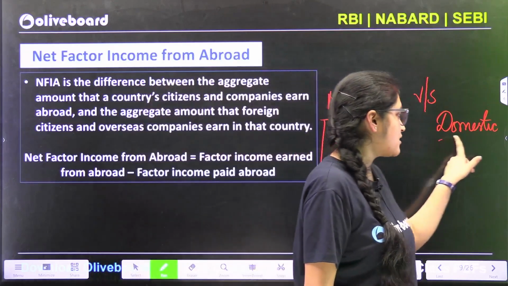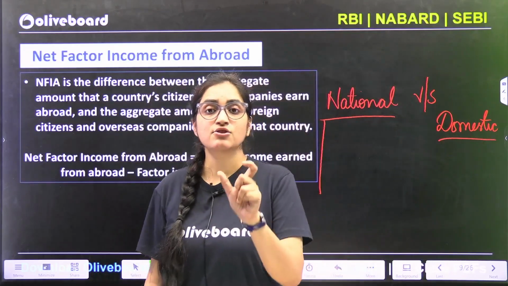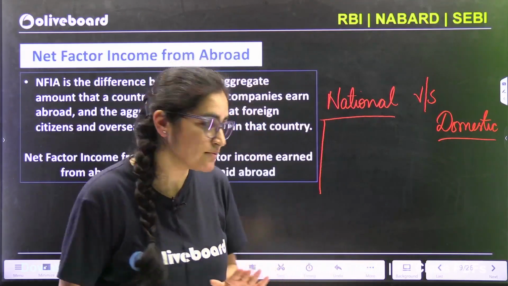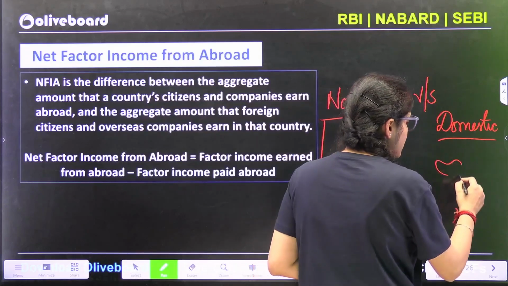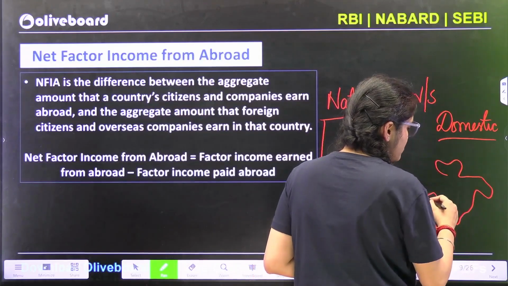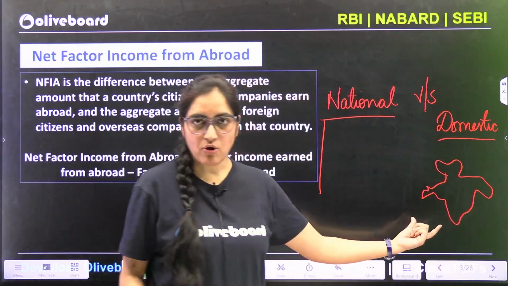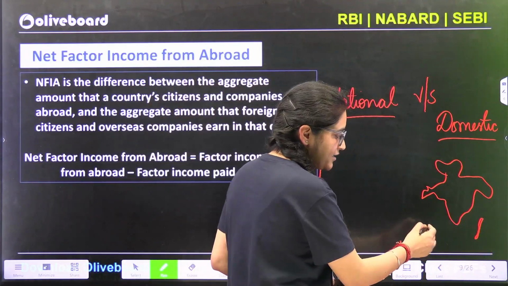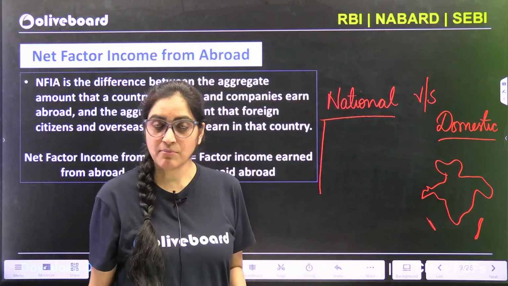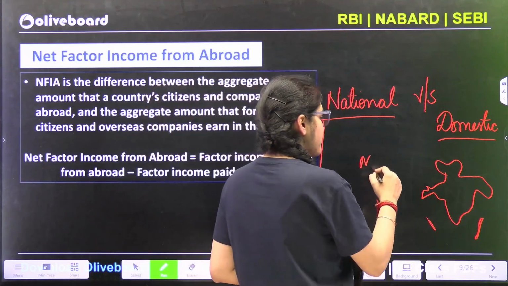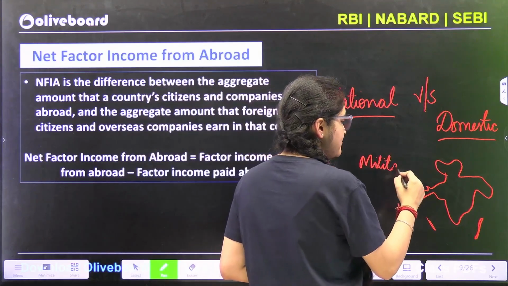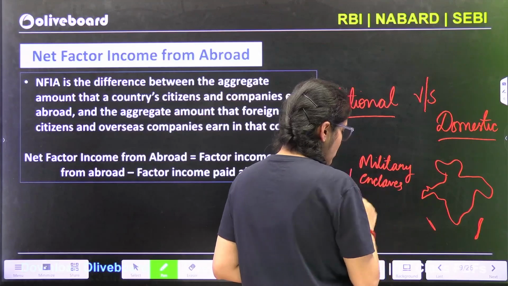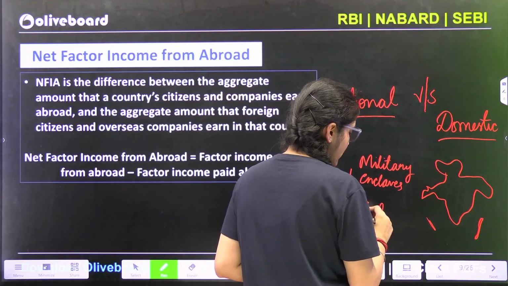When I say domestic, domestic is used for territorial purposes. That means whatever goods and services a country is producing within its territorial borders, that can be in its islands, like your Andaman, like your Lakshadweep, also military enclaves, also embassies which might be located outside.